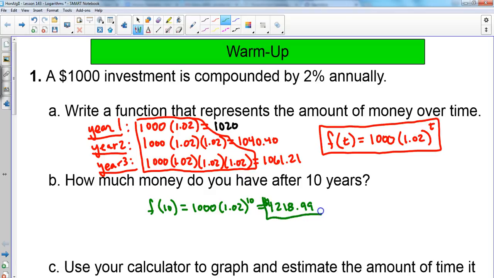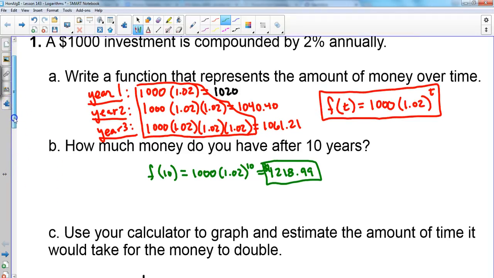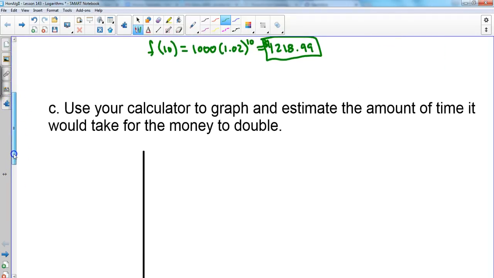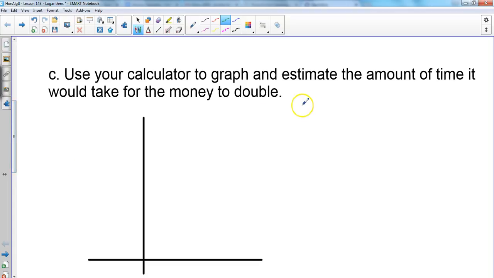So we can use that function to find exactly how much money we have for a particular amount of years. The last question: we want to use our calculator to graph and estimate the amount of time it would take for the money to double. First, we need to understand what it means to double. If we start with 1,000, then we need to figure out how much time it takes to get $2,000.